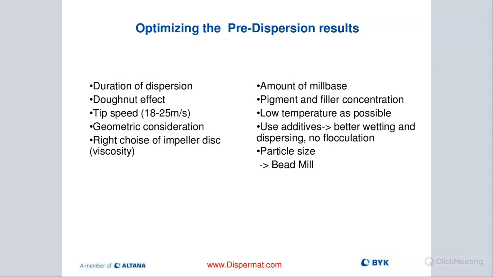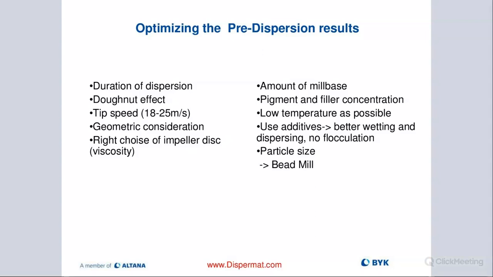And then there's different types of Cowles blades or impeller discs with different sets of teeth, or different angles. There's a lot of custom discs out there with different materials, ceramic, coated, Teflon. So depending on what you're trying to disperse, there's many different options from a design aspect when it comes to the Cowles blades.